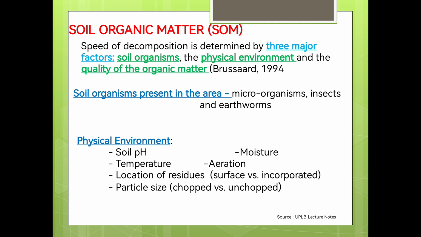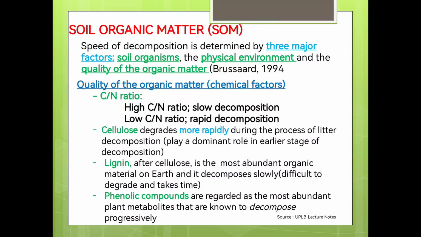Of course, moisture and aeration, because a lot of the microorganisms need oxygen to function. Of course, the quality of the organic matter, and these are mostly chemical factors. It includes the C:N ratio, the carbon-nitrogen ratio.